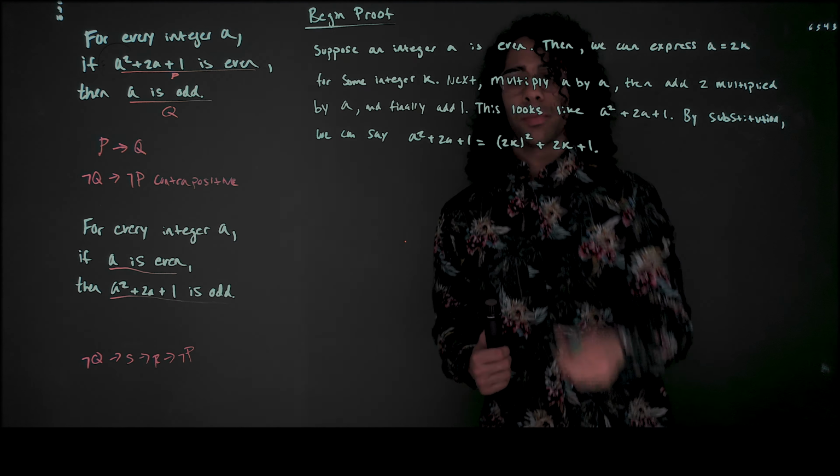Now we can distribute the 2 out of here, factor for some, by the property of distributivity.